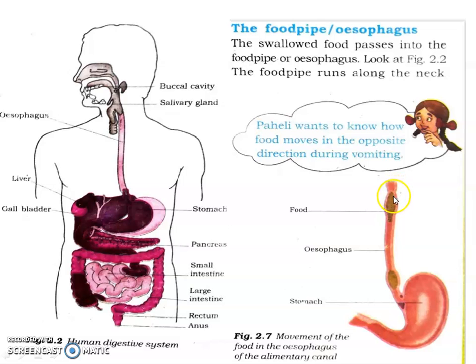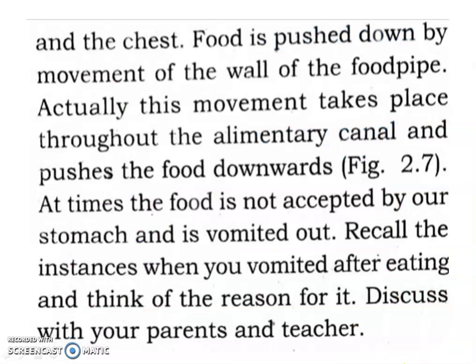So food moves through the esophagus or food pipe and comes into the stomach. Food is pushed down by movement of the wall of the food pipe. Actually, this movement takes place throughout the alimentary canal and pushes the food downwards. You can see figure 2.7.